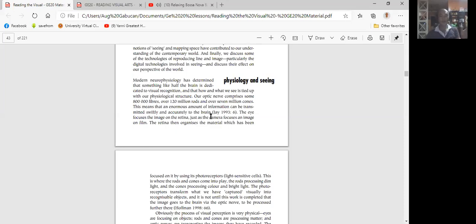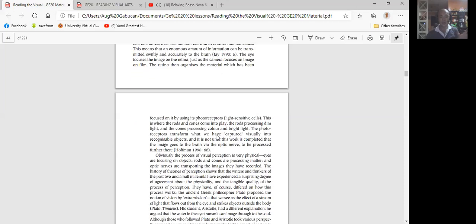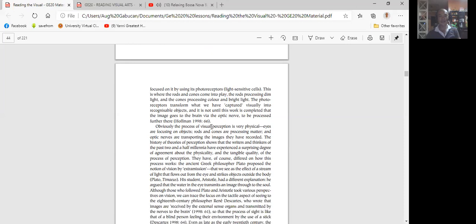So the retina then organizes the material which has been focused on it by using its photoreceptors. These are light sensitive cells. So this is where the rods and the cones come into play. The rods process dim light and the cones process color and bright light.